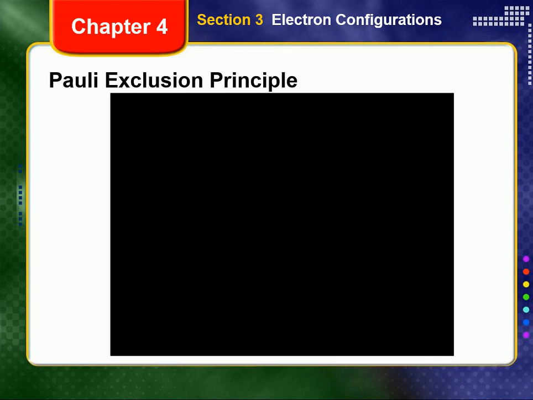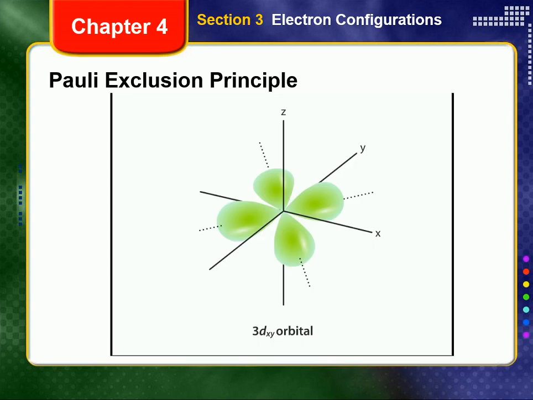The first 3 quantum numbers describe the energy, shape, and orientation of an orbital. For example, the first 3 quantum numbers might describe an electron in the 3dxy orbital. The Pauli exclusion principle states that no 2 electrons in the same atom can have the same set of quantum numbers.